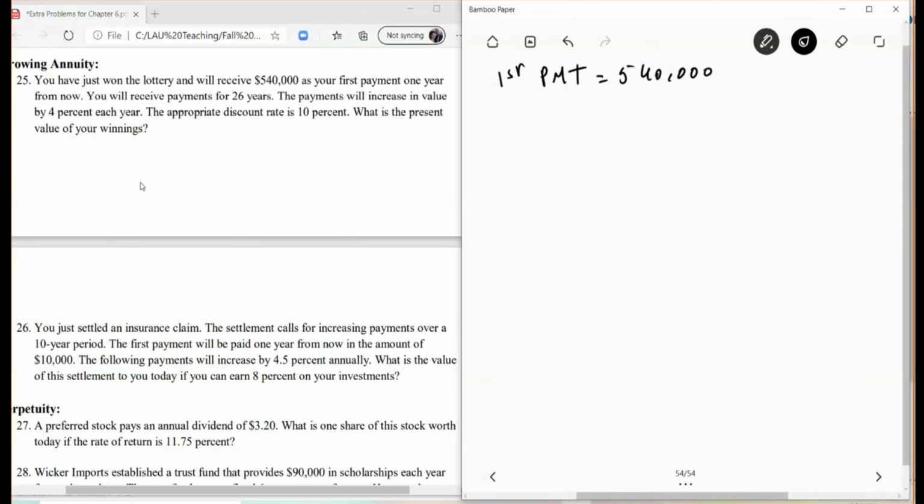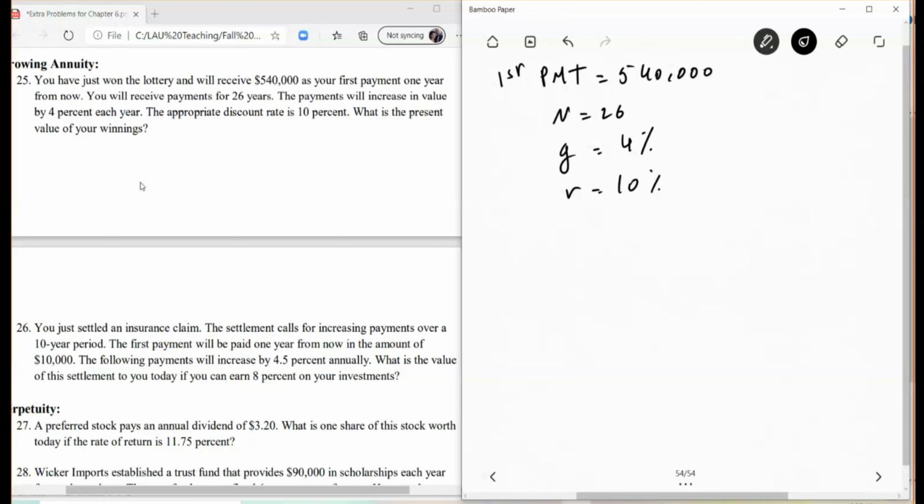You will receive payments for 26 years. N equals 26. The payments will increase in value by 4% each year. Now that growth rate is G, which is 4%. The appropriate discount rate R is 10%. What is the present value of your winnings?